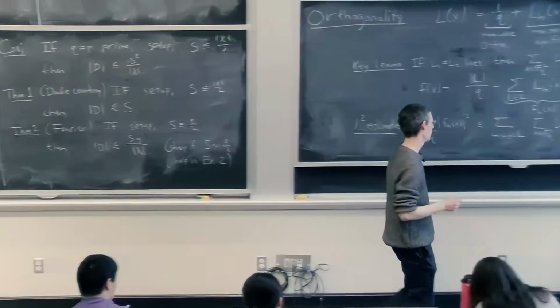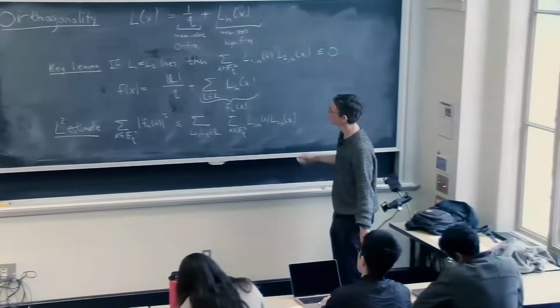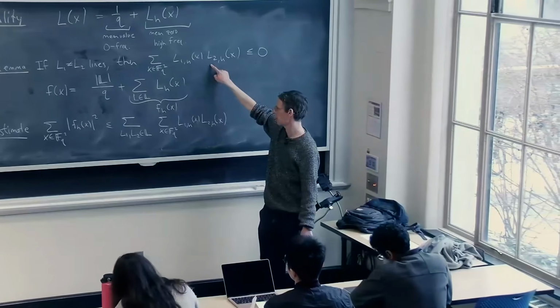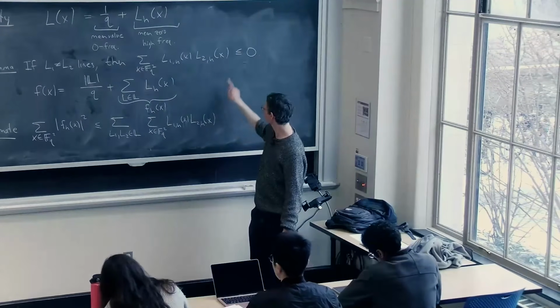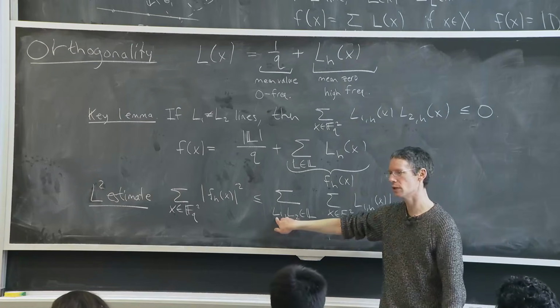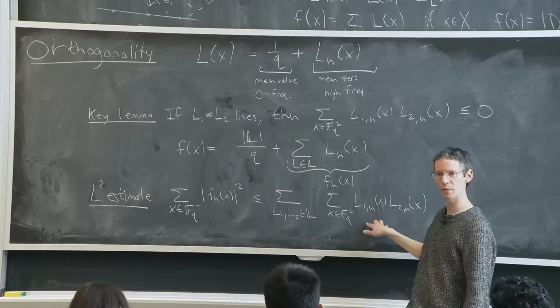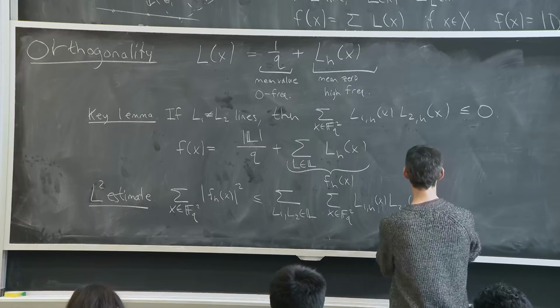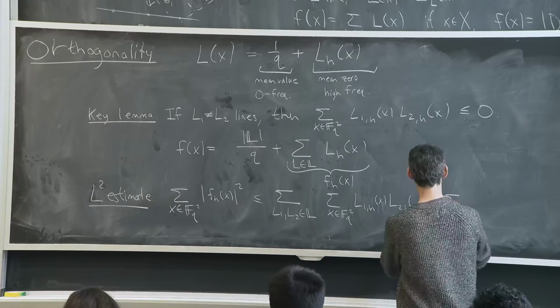And because of my orthogonality in the key lemma, almost all of these terms are less than or equal to 0. Namely, if L1 is different from L2, then this sum is less than or equal to 0. So then I'll just keep the terms where they're equal to each other.